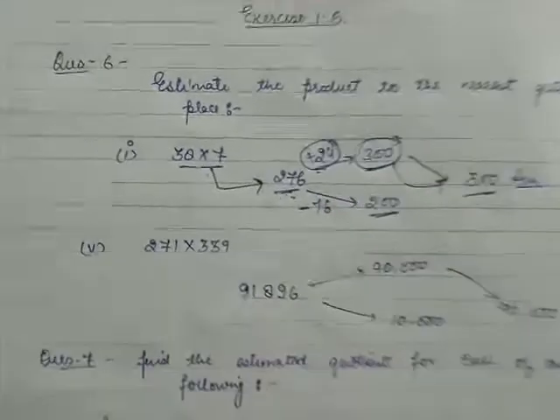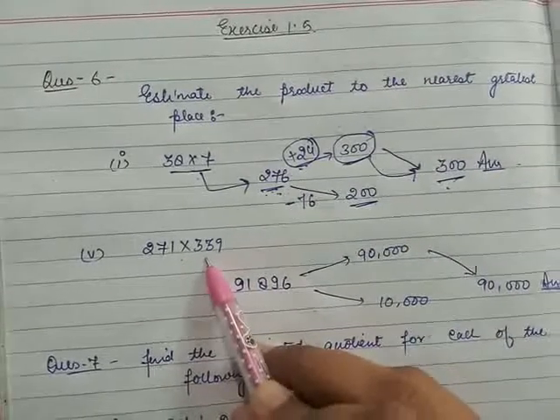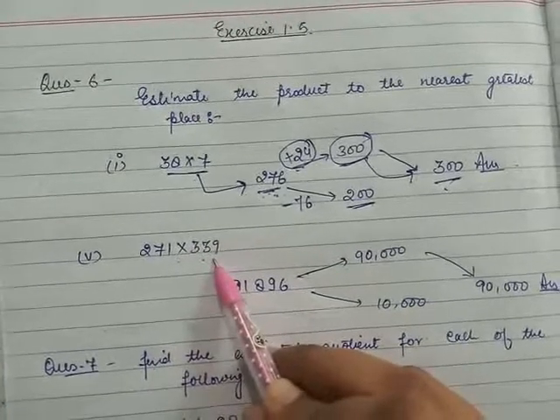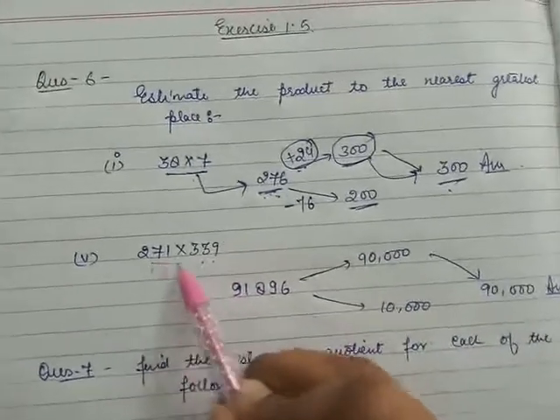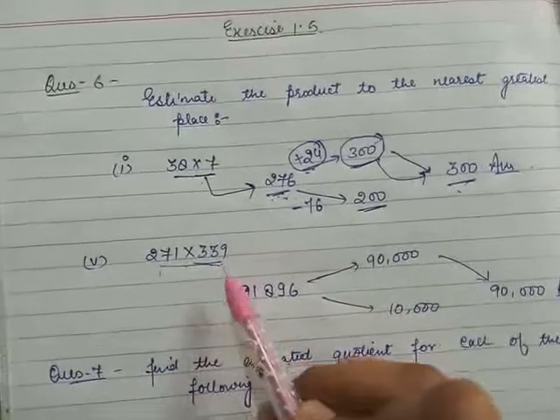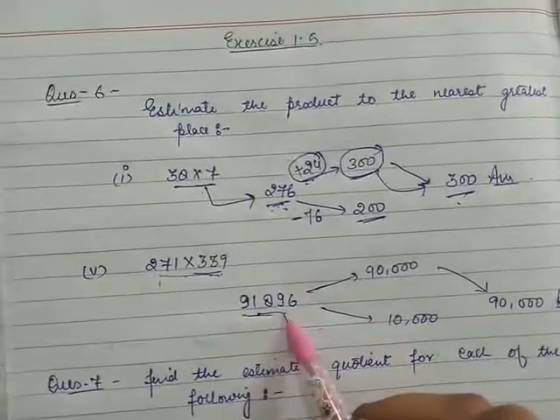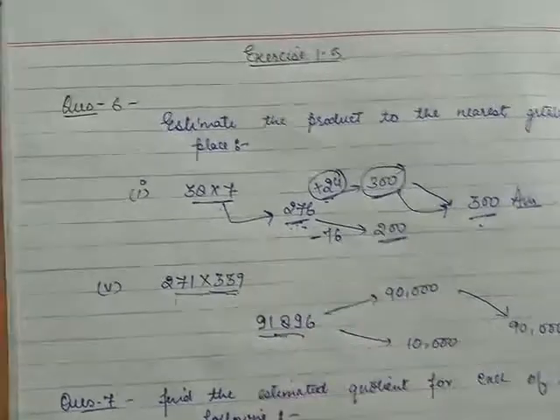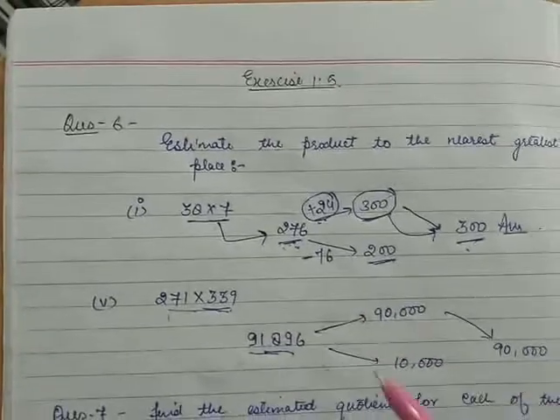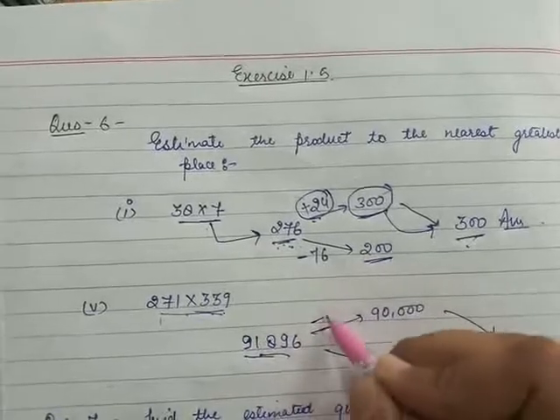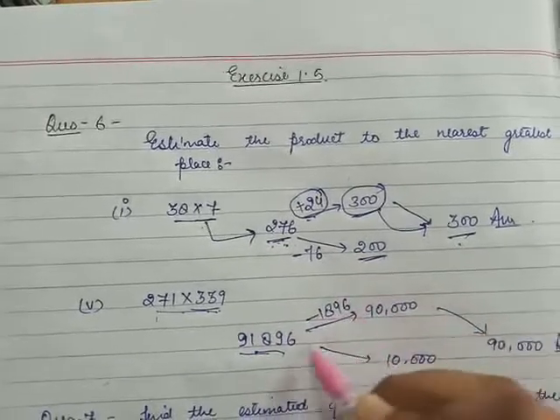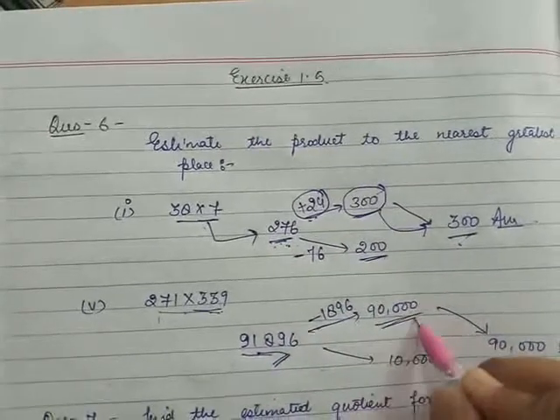Now the fifth part is 271 multiplied by 339. When you multiply these two numbers, you will get 91,896. If you subtract 1,896 from this number, you will get 90,000.